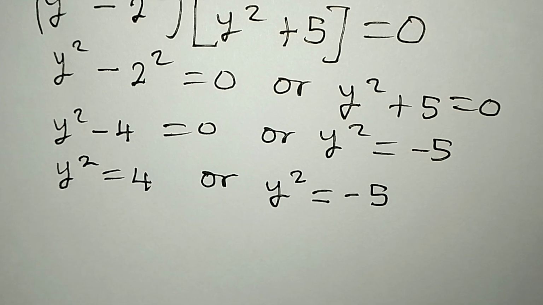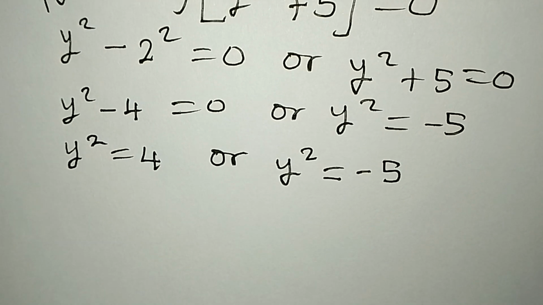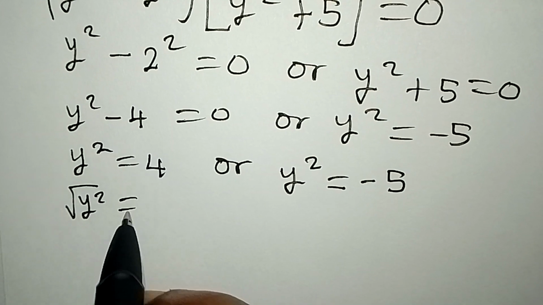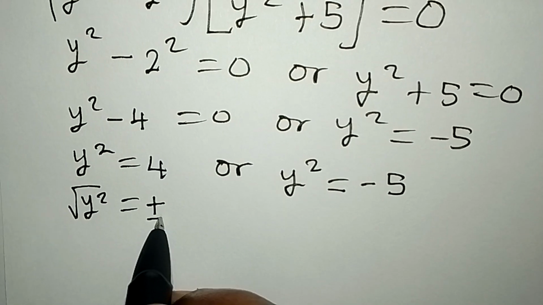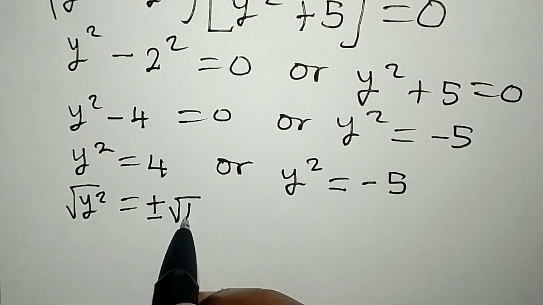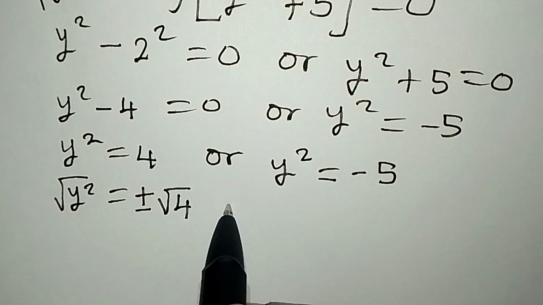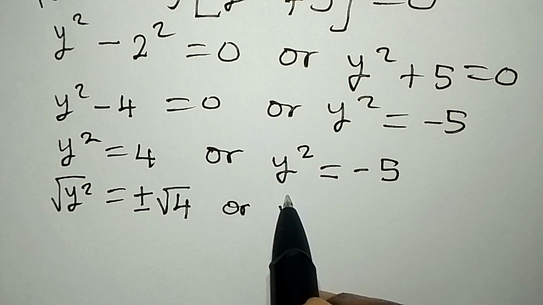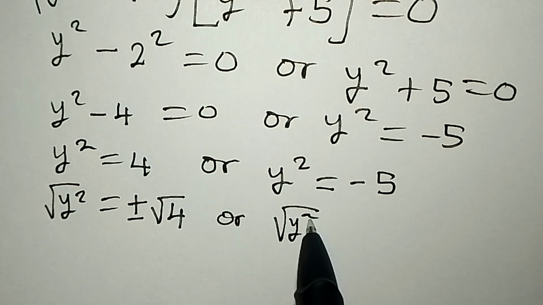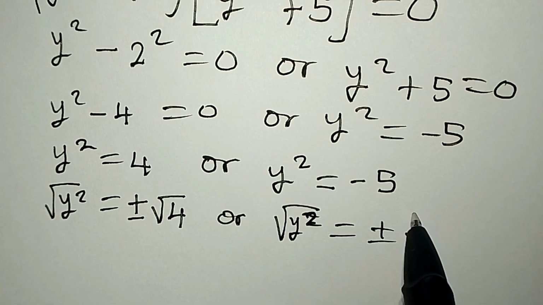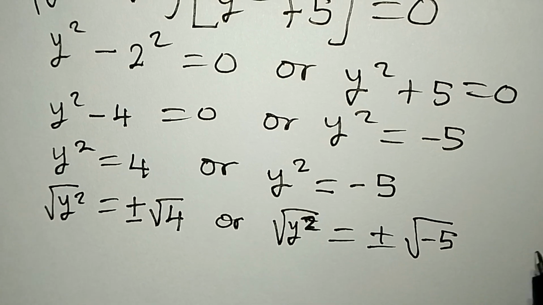Now, what do I do from here? We are going to take the square root of both sides. And when you do that, you have positive or negative square root of what you have on the right hand side. On the other side, square root of y squared will be equal to positive or negative square root of minus 5.